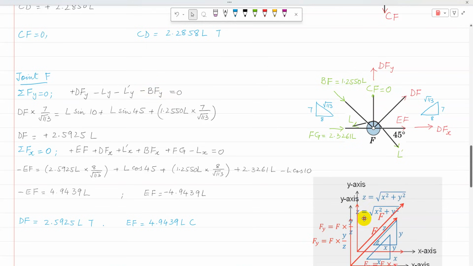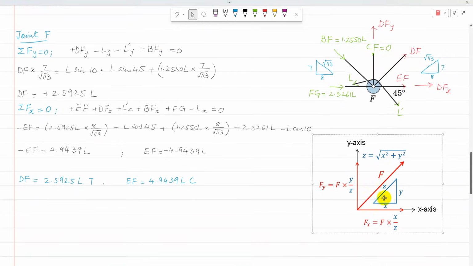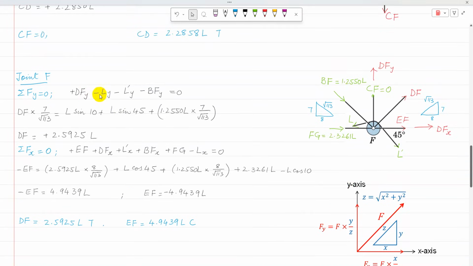Using the rule of the triangle, the components can be calculated. Rearranging, DFy is equal to plus Ly plus L prime y plus BFy, and writing them into their components and simplifying, DF is plus 2.5925 L.